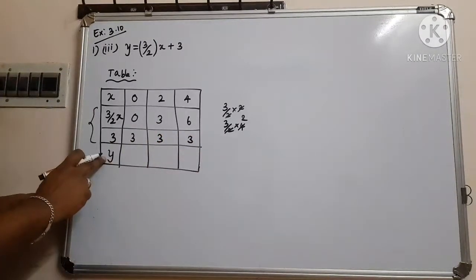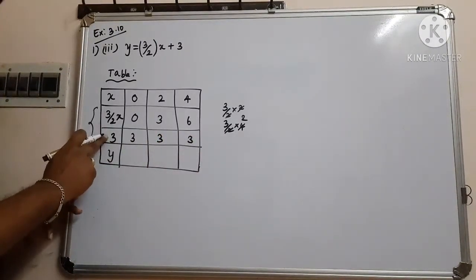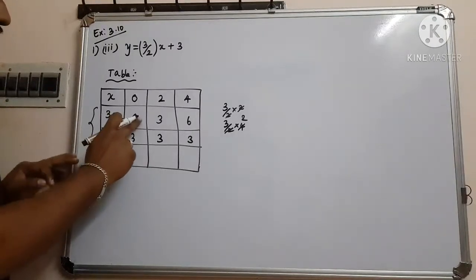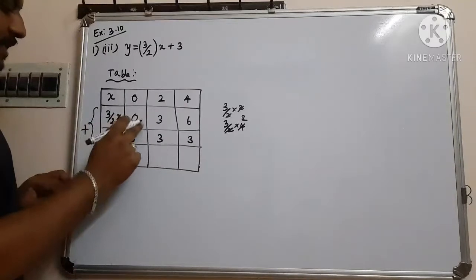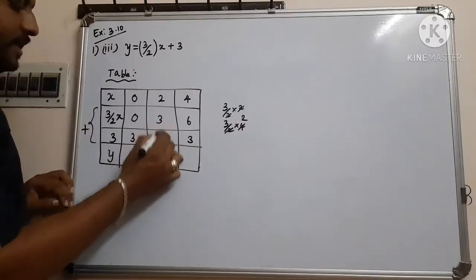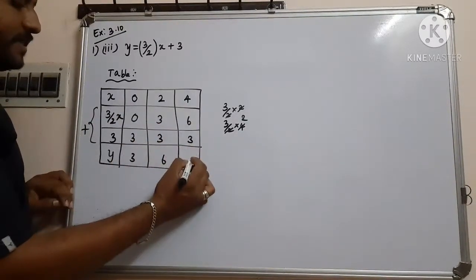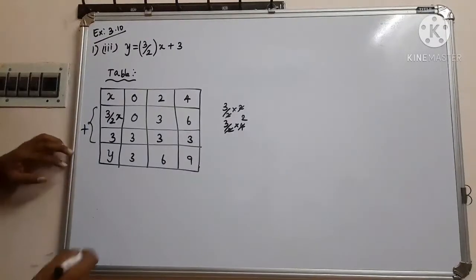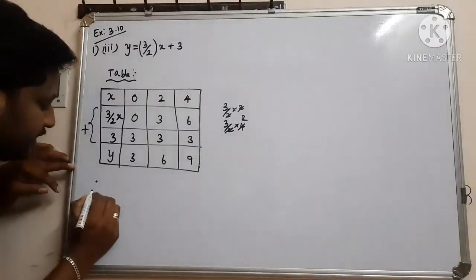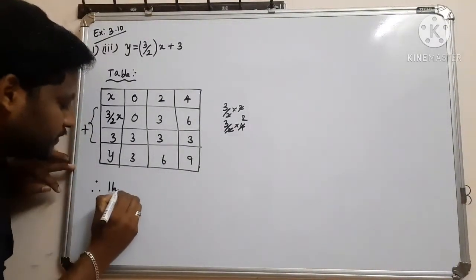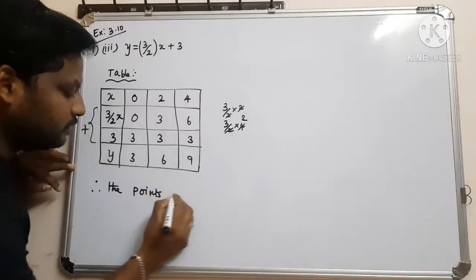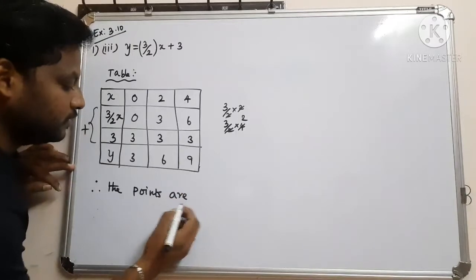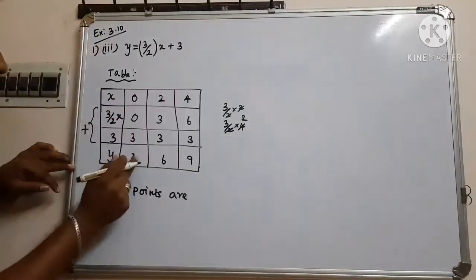Now what is y? Adding 3/2x and 3 gives y. So 0 plus 3, these two columns you have to add. 0 plus 3, 3. 3 plus 3, 6. 6 plus 3, 9. So now you have to write the points. Therefore, the points are 0, 3.